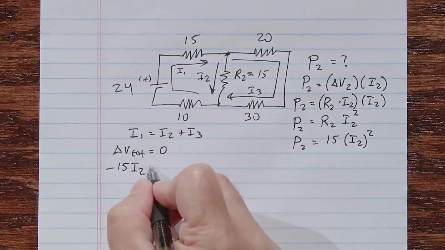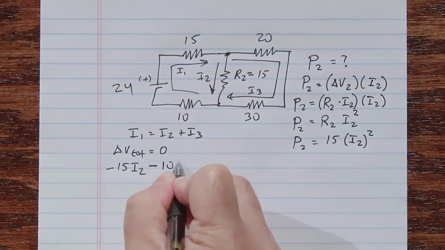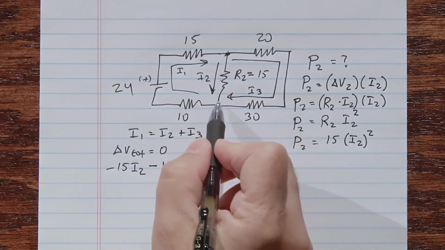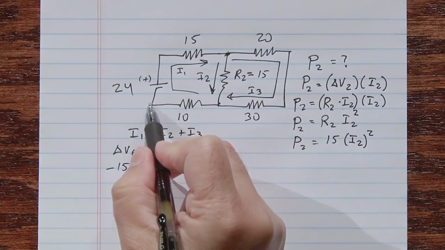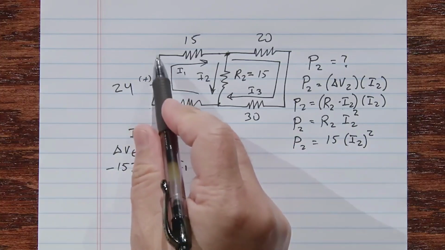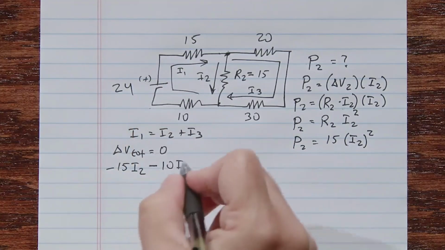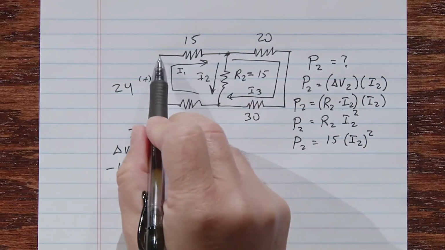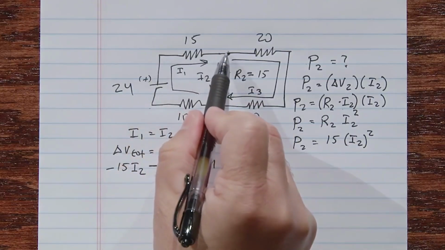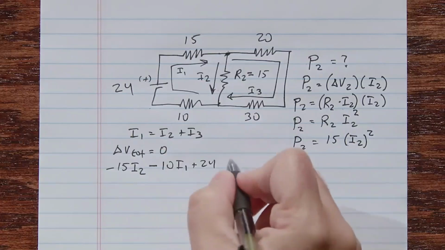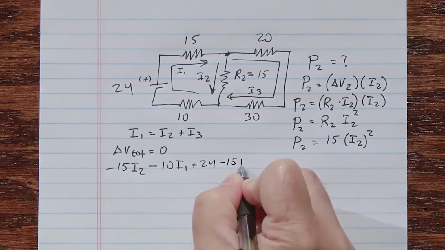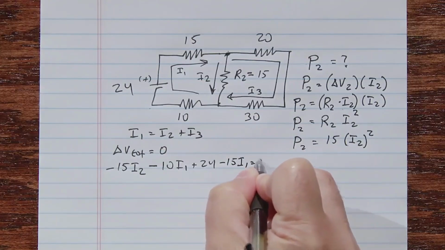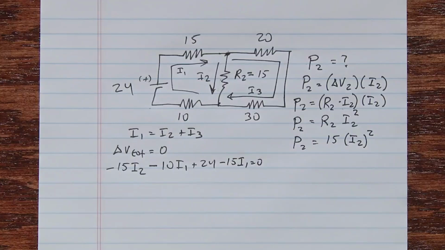So I'm still going down voltage, so it'd be minus 10 I1. Then I'm going up voltage across the battery, so that'd be plus 24. And then minus 15 I1. And that has to equal 0.